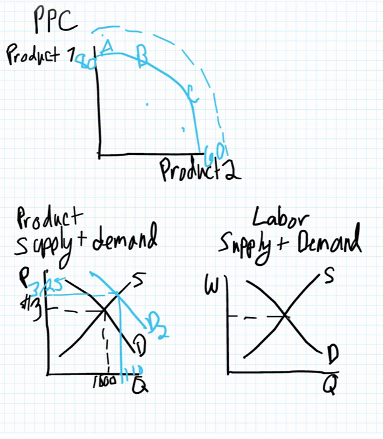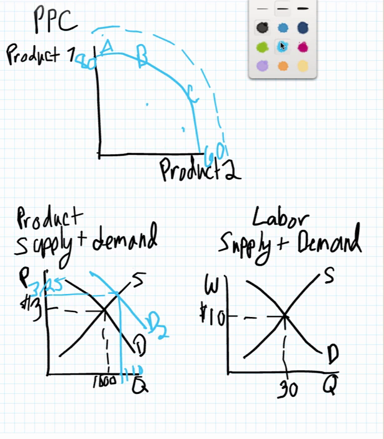Let's say here it's $10 an hour, and let's say 30 people are working at that in this case. There can be an increase in demand from more businesses coming in or more people demanding that product.